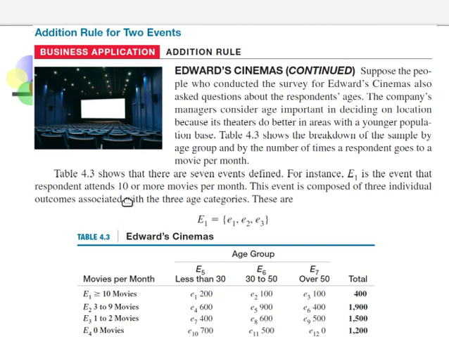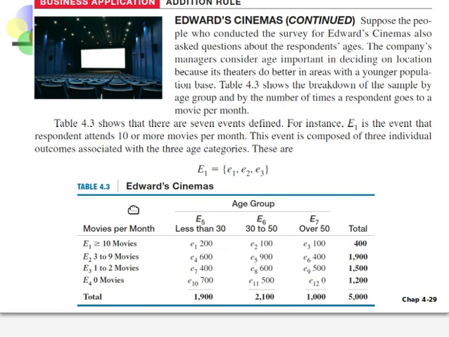Table 4.3 shows that there are 7 events defined: E1, E2, E3, E4, E5, E6, E7. For instance, E1 is the event that respondent attend 10 or more movies per month.